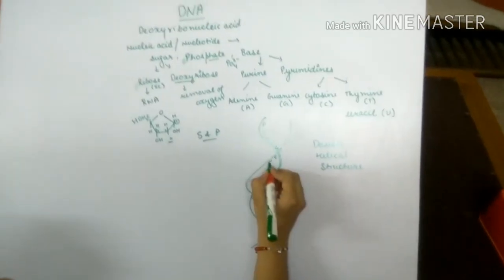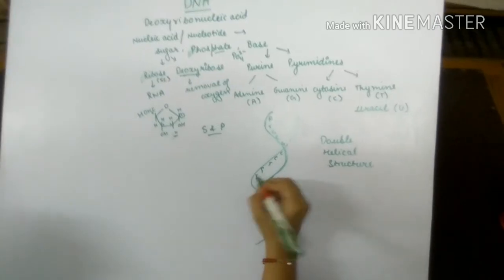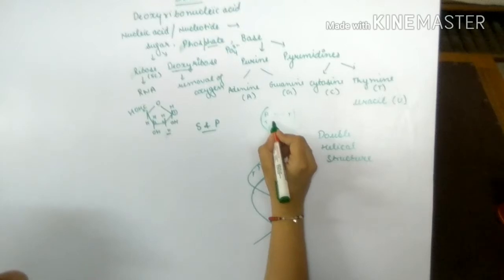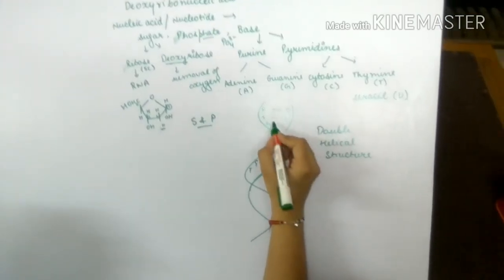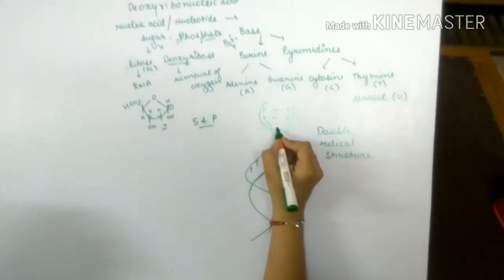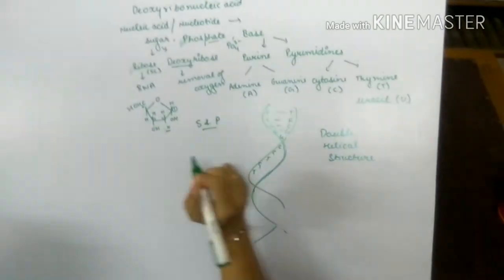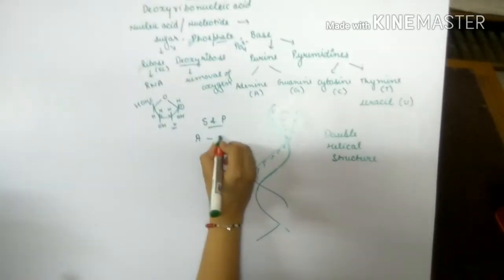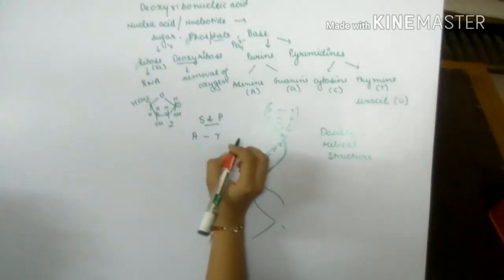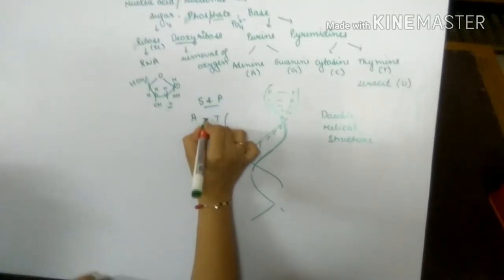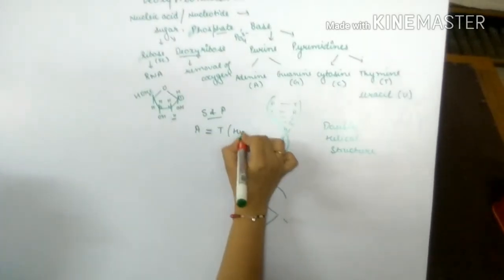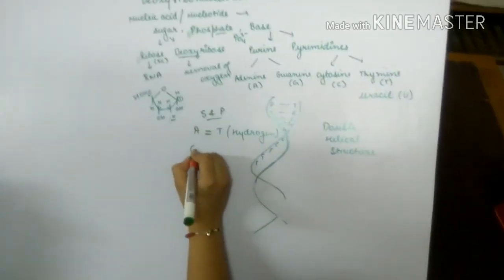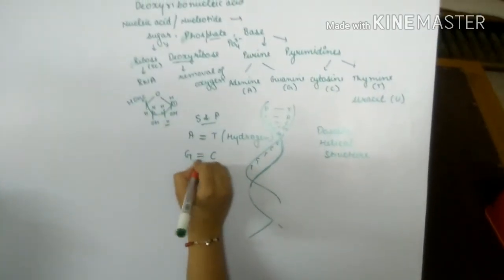Likewise, this C, T, C, T. Adenine will base pair with thymine, and thymine will base pair with adenine. Guanine will base pair with cytosine, or cytosine will base pair with guanine. It means adenine will form a base pairing with thymine on the other strand, and this bond is a double bond made up of hydrogen, and between G and C there is a triple hydrogen bonding.